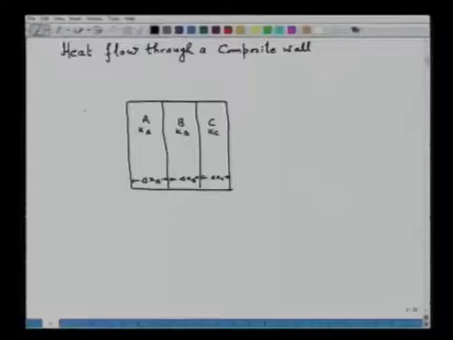So, the material A is exposed to the combustion chamber of the furnace, and as such let us have the temperature of the furnace, for example here, as Ti, this is the furnace combustion chamber.